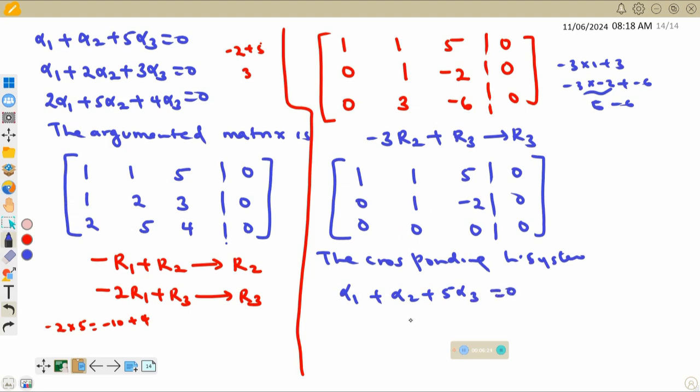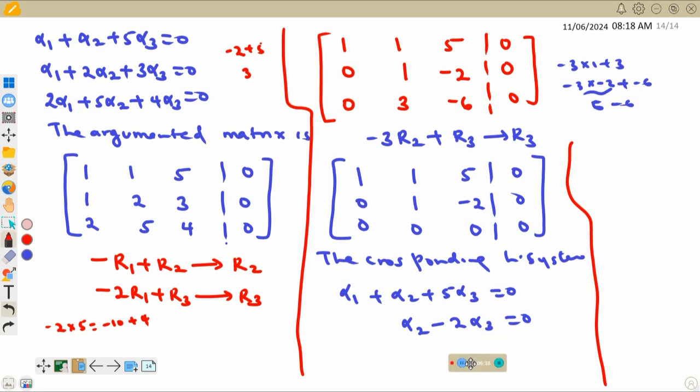Then this one here will be alpha 2 minus 2 alpha 3 equaling 0. So clearly we can see that we have a free parameter. Our free variable is alpha 3, because you realize we have two equations but three unknowns. So we have a free variable, and alpha 3 is our free variable.